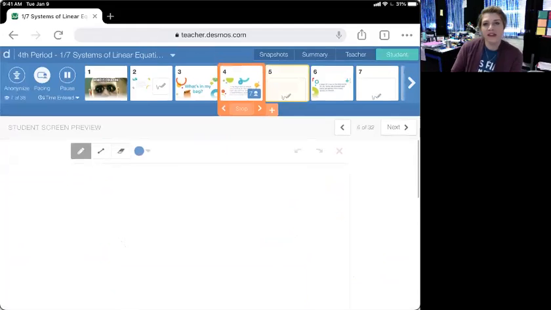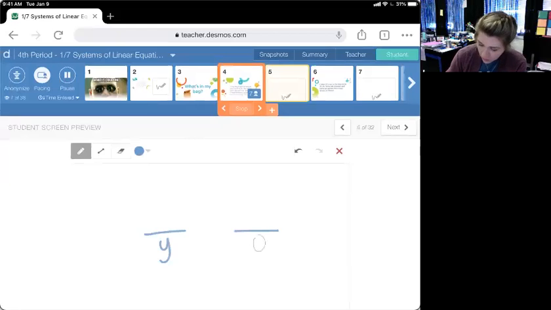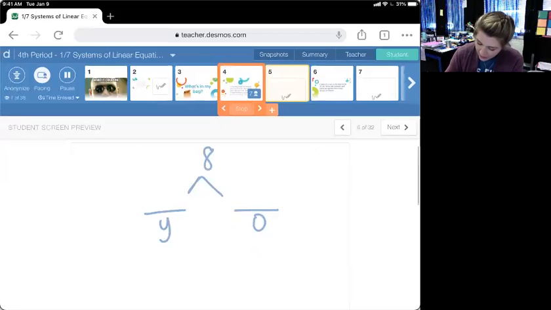Now, one thing you might think about is this. I'm going to write on my screen so this might help you out. I have 2 types of coins, yellow coins and orange coins. I have a total of 8 coins, so the number of my coins has to add up to 8. My yellow coins are worth $1 and my orange are worth $2.